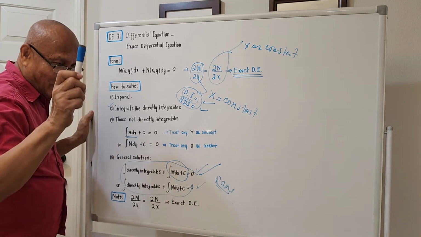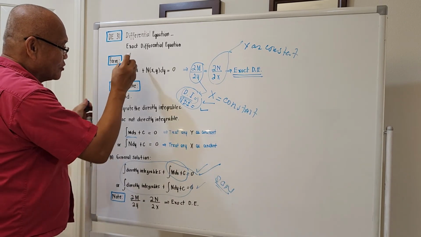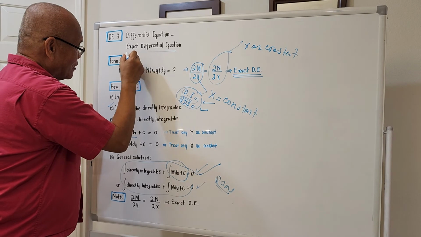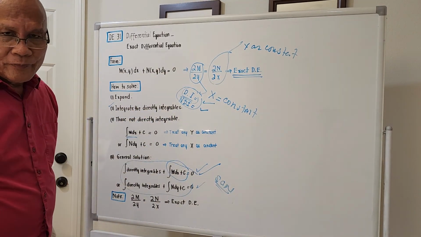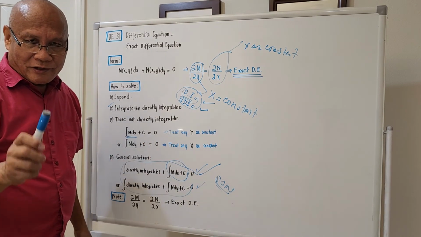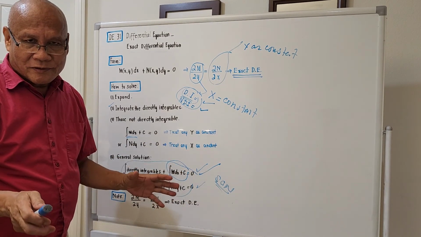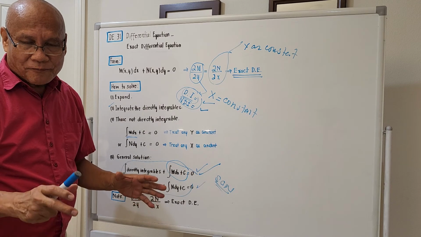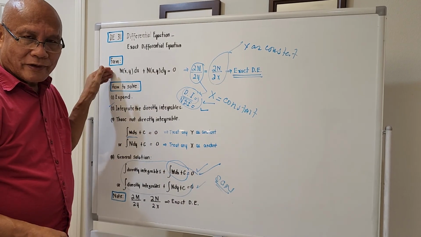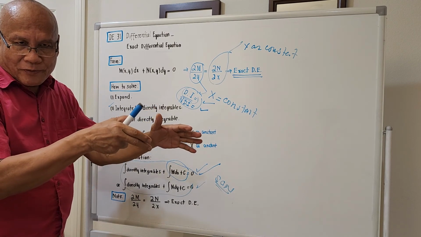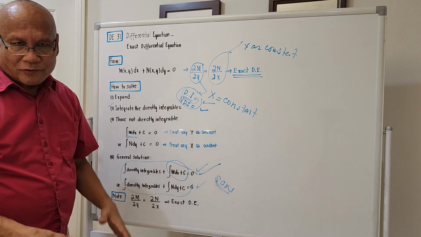That's why our topic for tonight is the solution of an exact differential equation. That's it, guys. For tonight, I just discussed the concepts on how to attack a problem regarding exact differential equation. I give you the form and I give you the proper steps on how to bring out the proper solution.